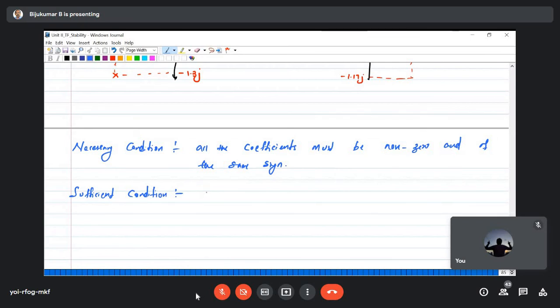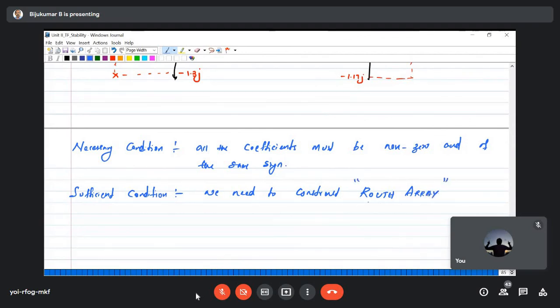So in order to find that sufficient condition, we need to construct a Routh array. This is the final topic we are going to study.